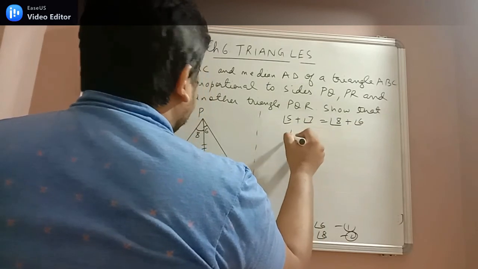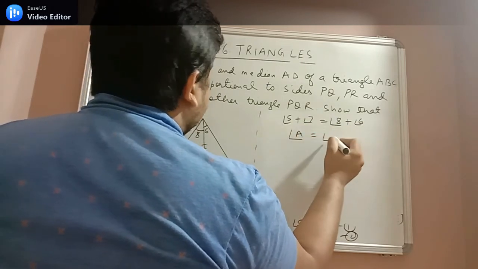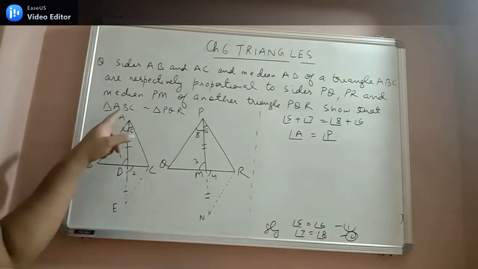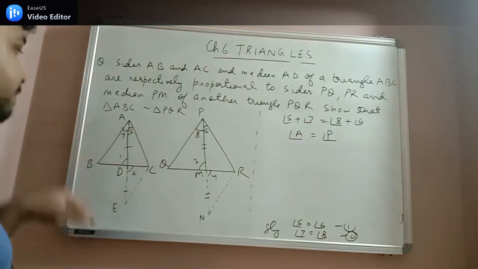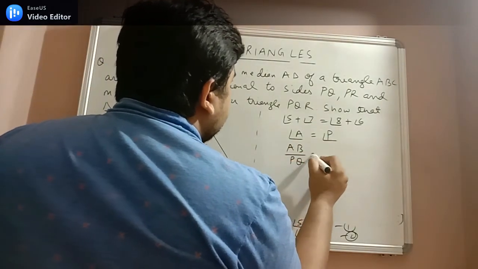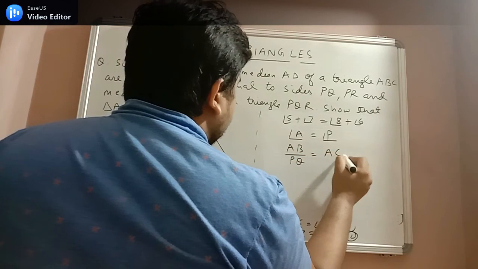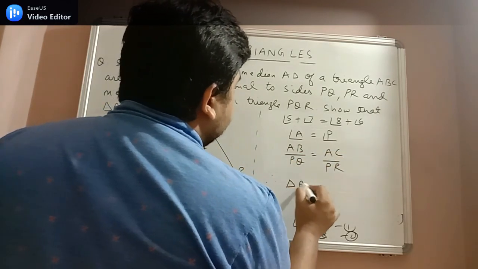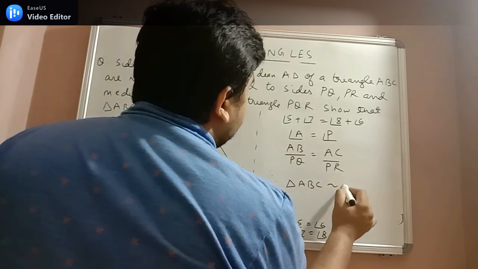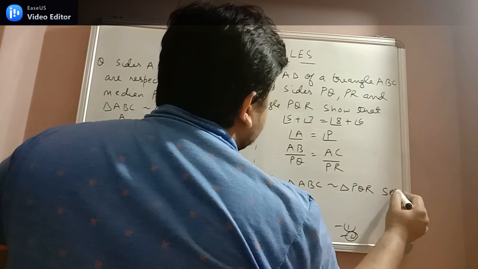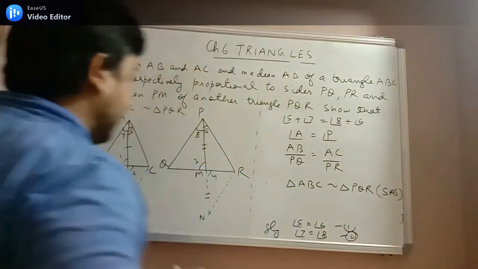Angle 5 plus angle 7 is angle A and angle 8 plus angle 6 is angle P. Now once I get angle A equal to angle P, I already have AB upon PQ equal to AC upon PR. So therefore one can say that triangle ABC is similar to triangle PQR by SAS criteria of similarity.